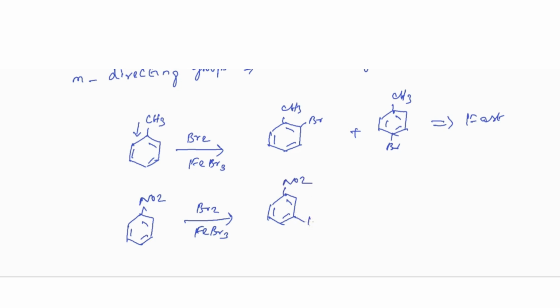The reason is the nitro group is an electron withdrawing group, and it will withdraw the electron density from the benzene ring. As a result, it will slow down the reaction. That's why meta directing groups will slow down the aromatic electrophilic substitution reaction.